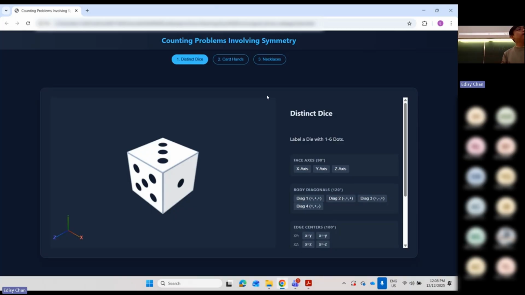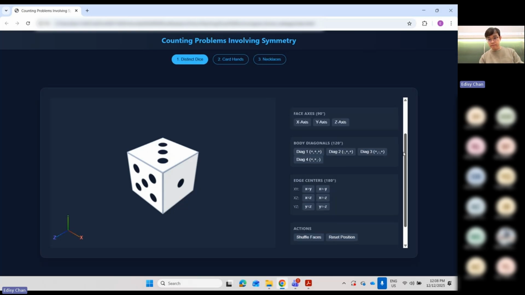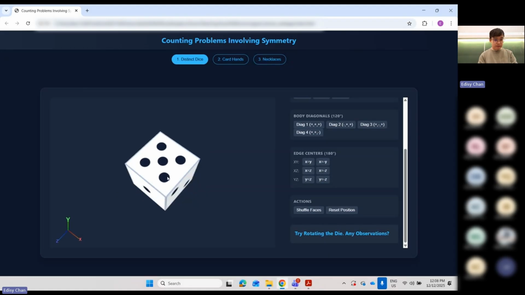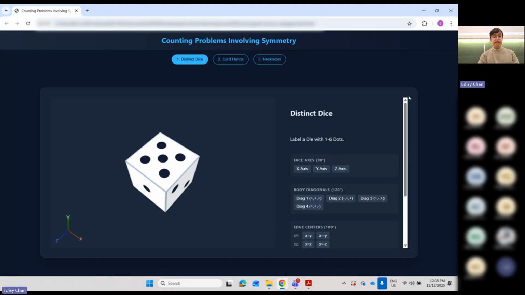When you put the numbers on the faces, you can get different arrangements, but like here we have the XYZ axes. Anyway, when you put the numbers on the faces, they may actually give you the same die, right? Because if I put the numbers like this, we can just rotate it to get another arrangement.